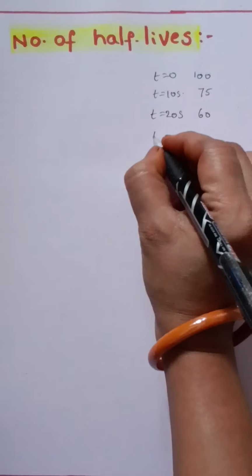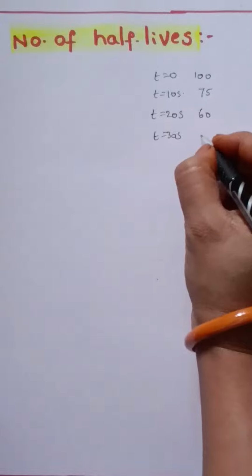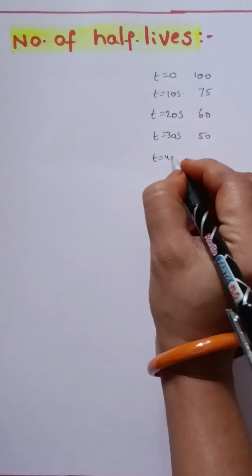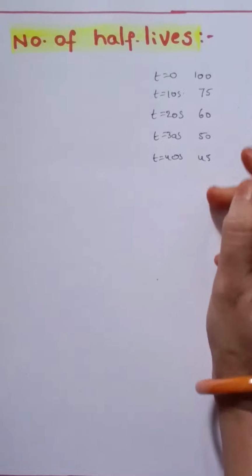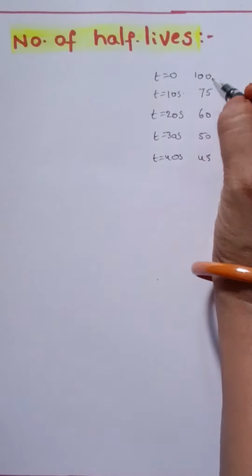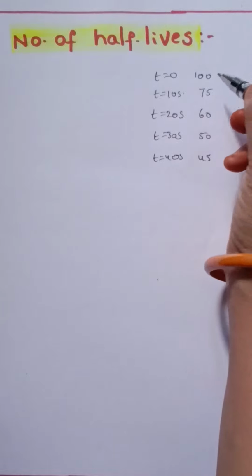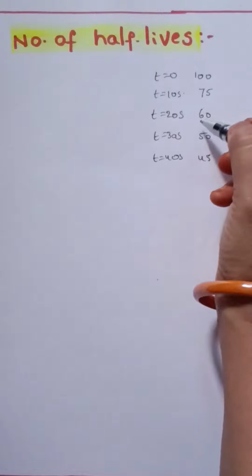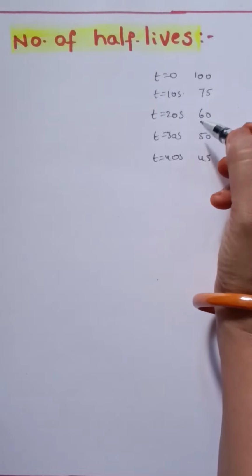Then after t is equal to 30 seconds, it may be 50, and after 40 seconds, it may be 45, and so on. That means not exactly: first it decreases from 100 to 75, but next it does not disintegrate the same 25. The consideration is wrong.